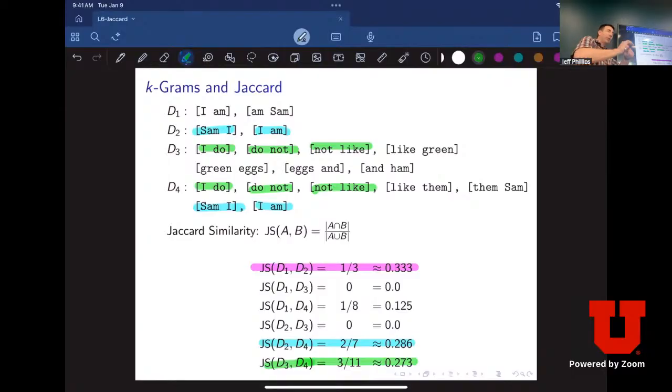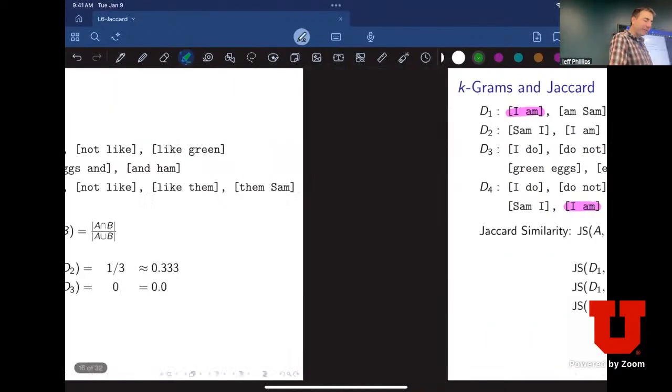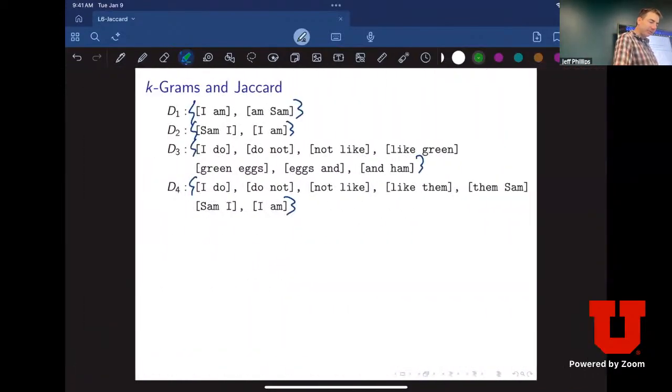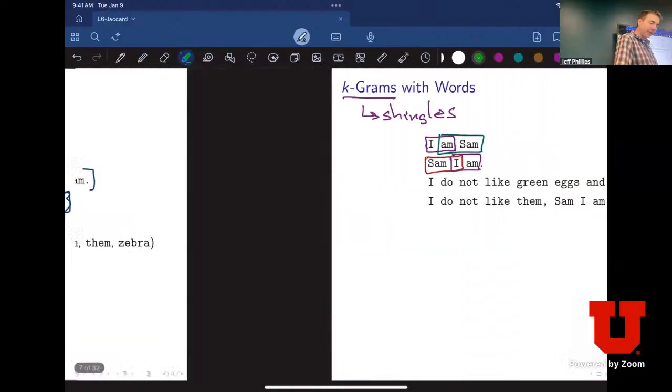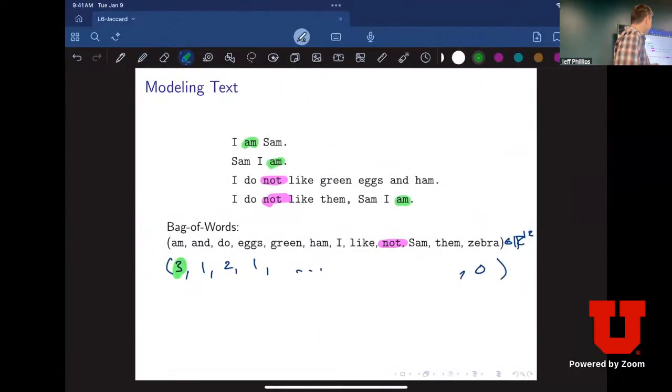Again, there are two reasons for it. One is minHashing. The other is that with the bag of words model, I needed to predefine the set of words. You're all complaining to me, where did I do this? I picked these 12 words. Why did you include zebra in here, right?